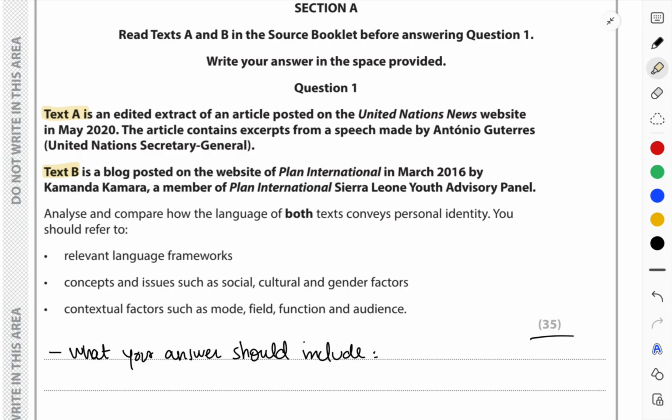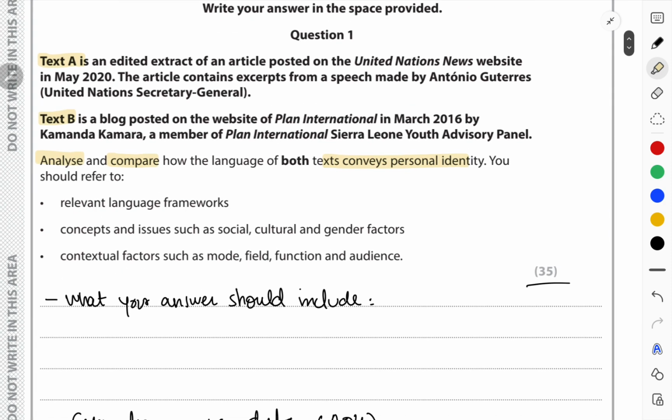You're supposed to read them and then solve Section A, which says you're supposed to analyze and compare how the language of both texts conveys personal identity. There are some requirements for your answer. You're supposed to make reference to relevant language frameworks. You're supposed to do all of these three bullet points, which we're going to go through in a minute.